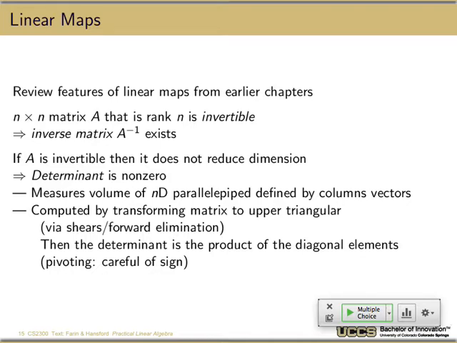Any square matrix that is full rank is invertible, and it also goes the other way around. If it's invertible, it must have full rank, because it's preserving the mapping's dimensionalities. If it's invertible, it does not reduce the dimension.